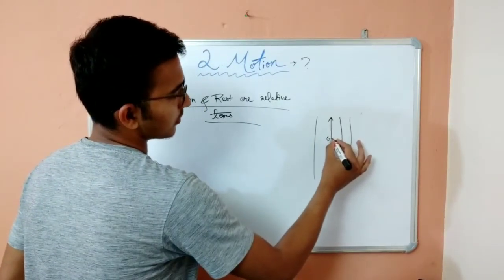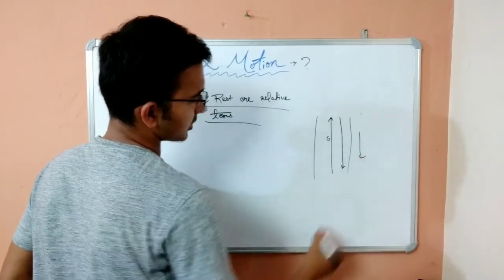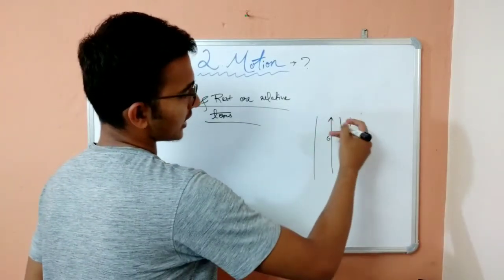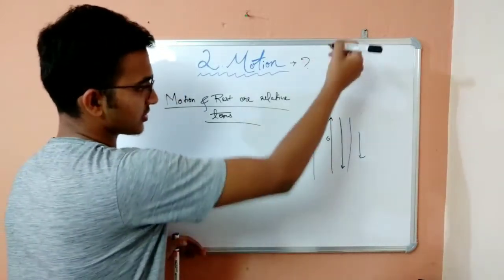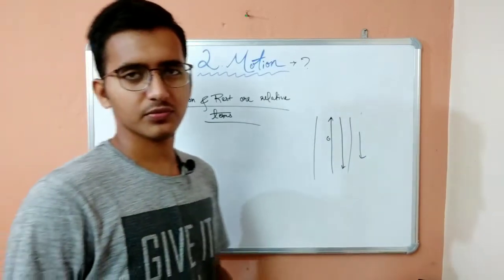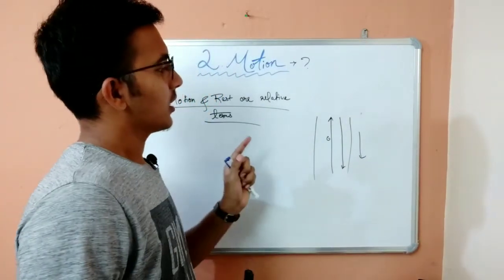Now, from the window, when you observe, if the other train is moving in the opposite direction, you will notice as if you are moving in the forward direction. Your train has started moving. But does your train move? The answer is no. Your train does not move.